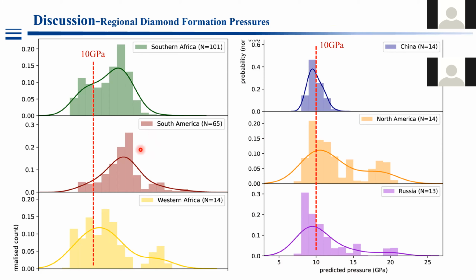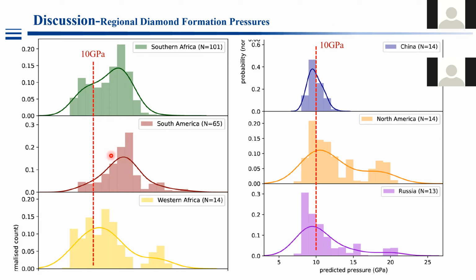The distribution reveals that different locations have diamonds from distinct pressure environments. We can look first at South African and second South American inclusions, where the bulk of the global sublithospheric diamonds have been sampled.